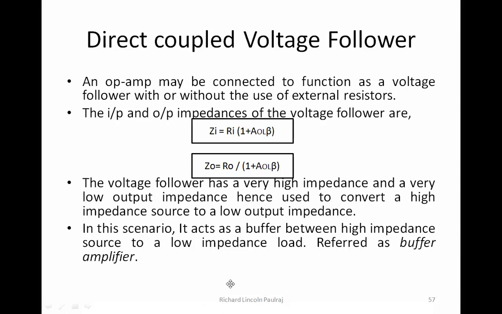No problem. So, the DC voltage follower. We are all very much familiar with the voltage follower, right? The output is following the input. The op amp may be connected to a function generator, which we generally use as a voltage follower, with or without the use of external resistors.